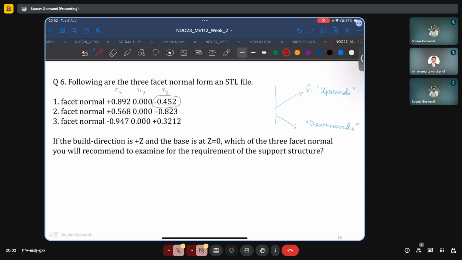For a negative z component of the facet normal, we know that the angle that it is subtending with the build direction is more than 90 degrees. So we will recommend for checking the first, and by the same criteria the second one as well.